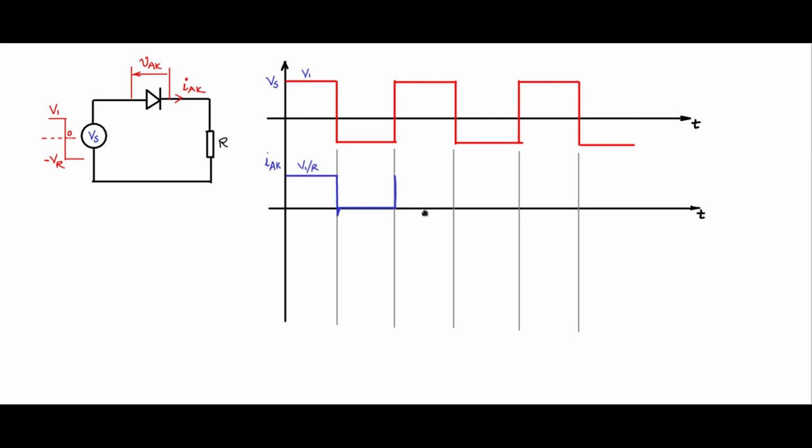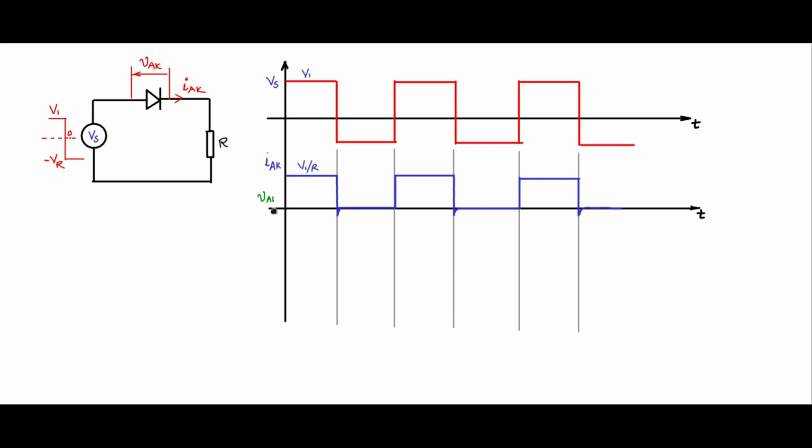So this waveform will repeat again when the voltage goes positive. You will see that the diode conducts V1 by R, and then again there is a turn off situation, there is off state, again there is an on state when the diode current flows, off state, and so on. This continues.